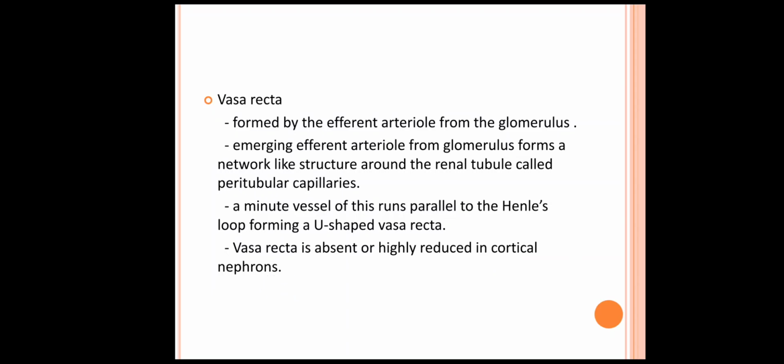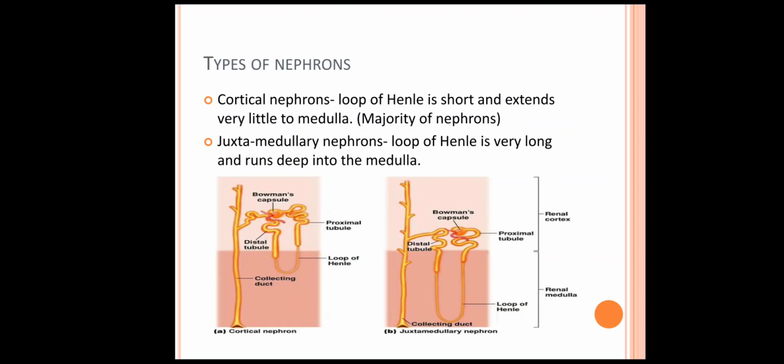So based on whether the Henle loop is short or long, there are two kinds of nephrons. The first kind of nephron is the cortical nephron, and this includes the majority of the nephrons.